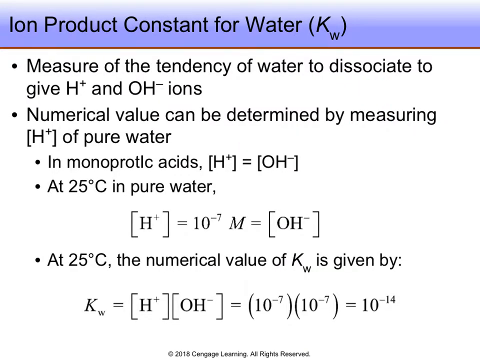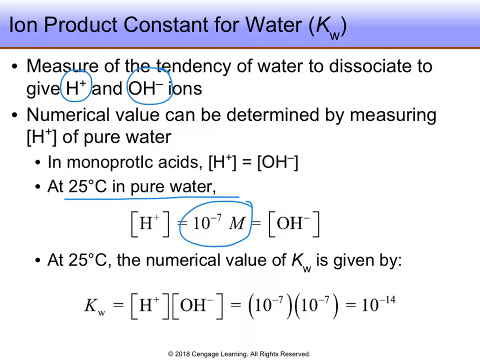All right, so why does this all make a big difference? Well, the ion product constant of water measures the tendency of water to dissociate and give up H plus and OH minus ions. If we think about pure water at 25 degrees Celsius, H plus equals 10 to the minus 7 molar.